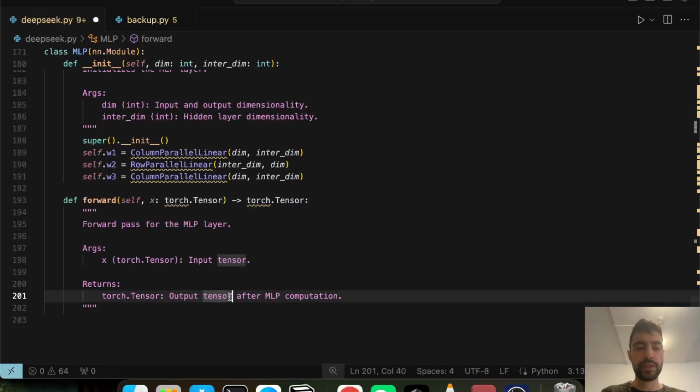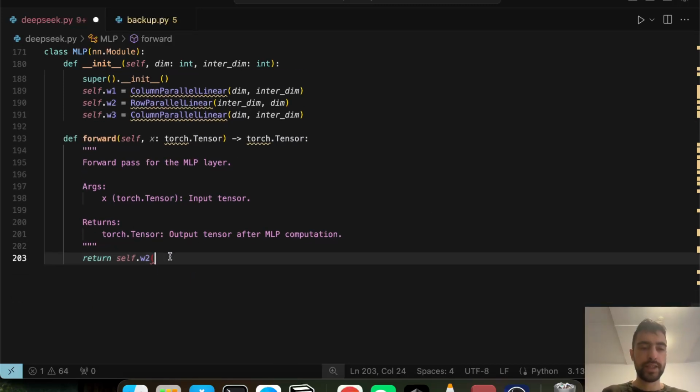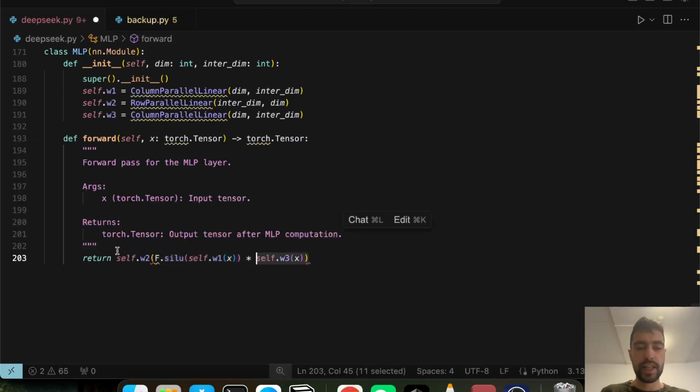The output tensor will return the same size as the X input, but each vector corresponding to a token will get processed by this. So this is just one forward. It's very simple. So let me write the whole thing.